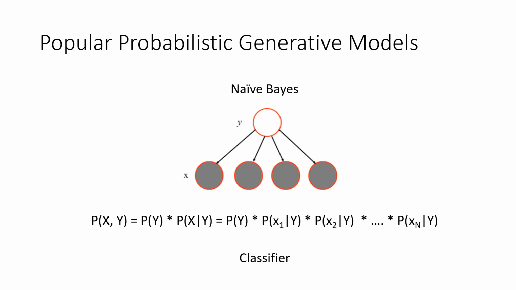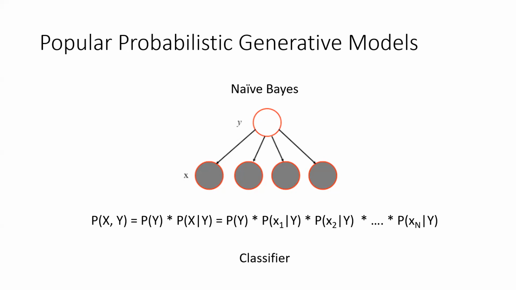That means we can write the probability distribution as simply a multiplication of the probability of Y and the conditional probabilities of every X given Y. Each conditional depends on only one X variable, because, as we said, all the others are independent given Y. That's how we define the probability distribution of the naive Bayes.